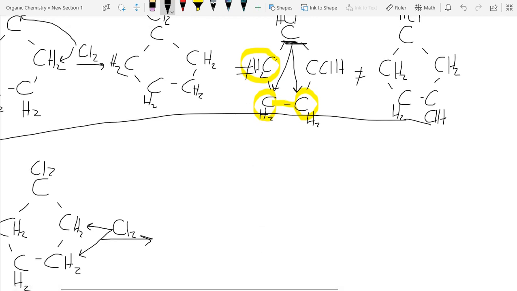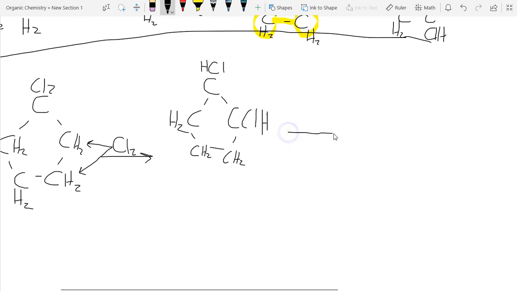If it was on this one here, it goes on that one, and you added Cl2. What are the different places that it could bond to that would make it different?